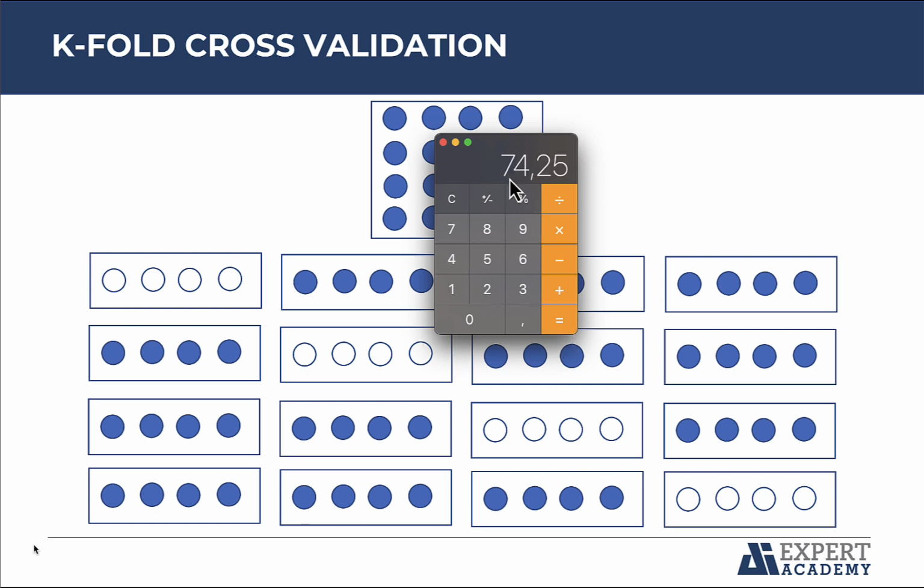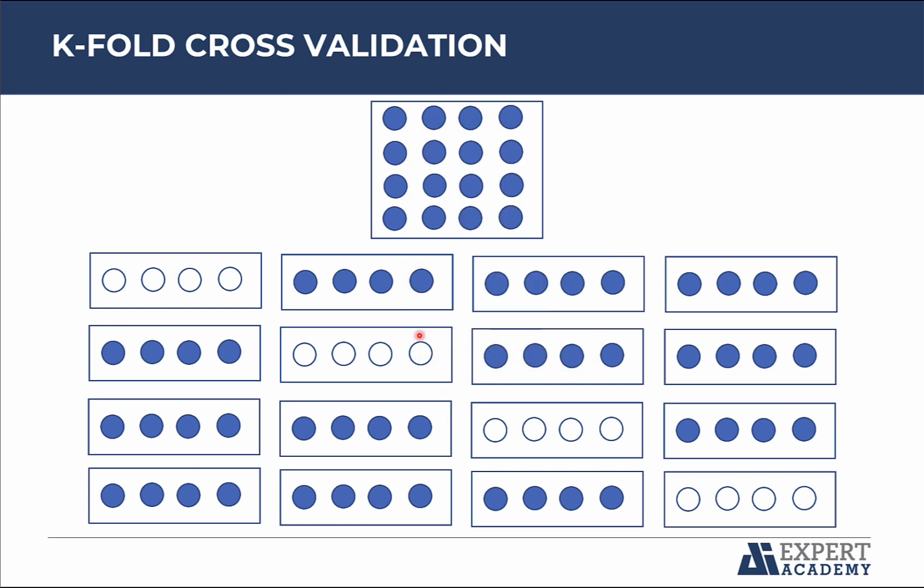The result is 74.25. This is going to be the final result that will be considered to evaluate the algorithm. Instead of having only one value, there are 4 values and we just calculate the average.